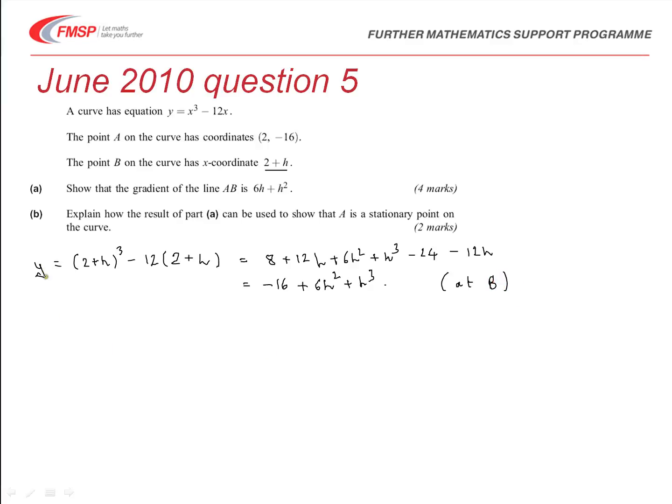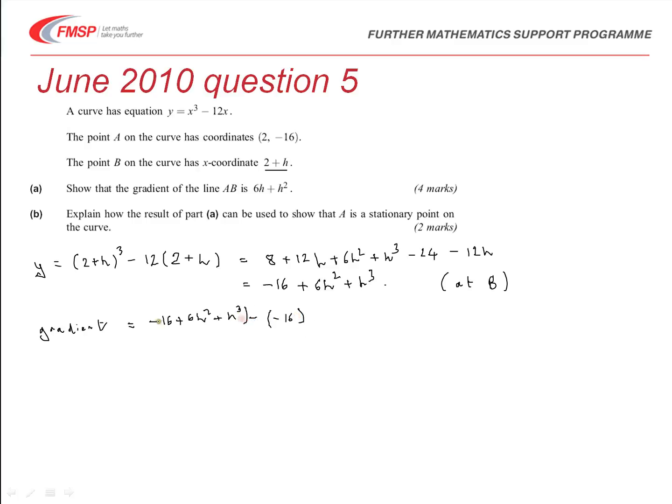So to get the gradient of this line, you have to remember the gradient is up over across, so it's the difference in y over the difference in x. So to get the difference in y, we've got to take the minus 16 plus 6h squared plus h cubed and subtract the y at the point A, which of course is negative 16.